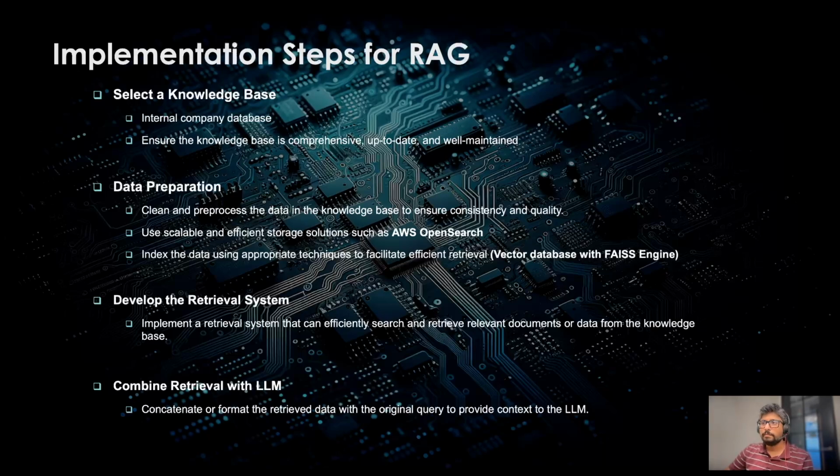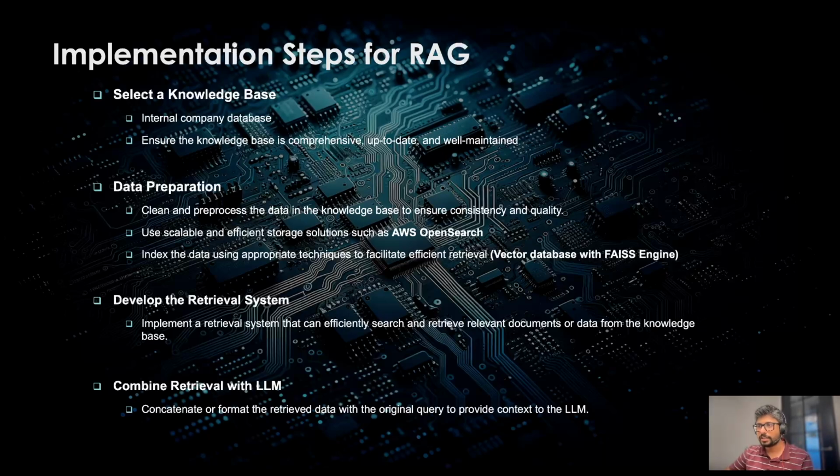You can use multiple indexing techniques to store the embeddings to control your costs of hosting the knowledge base. Some of the popular techniques are IVF and IVF with product quantization offered by FAISS engine, which is from Facebook or Meta.